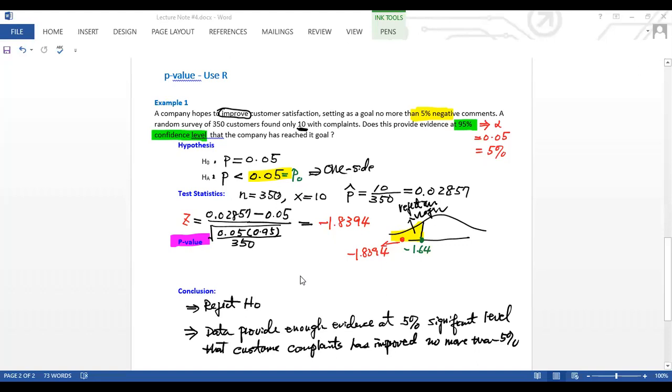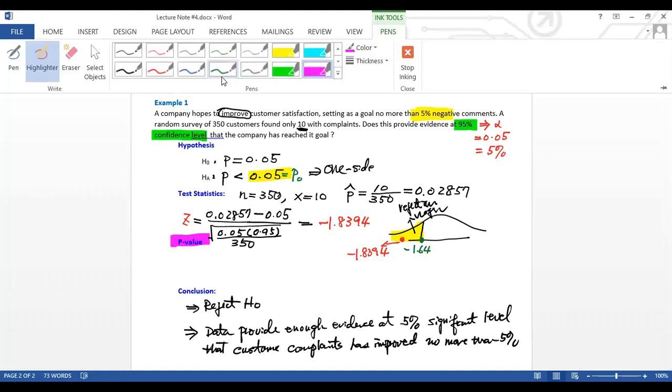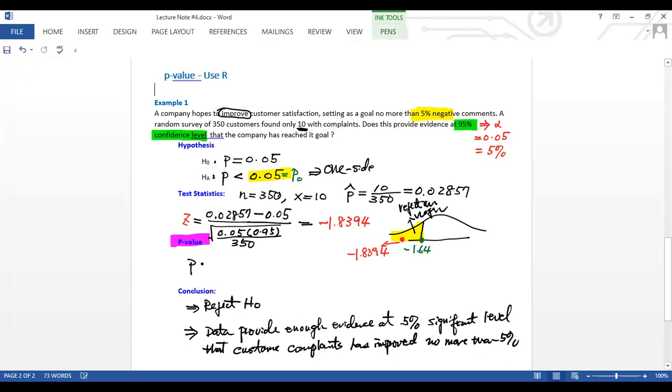So great, based on that we have our p-value. We just get it from this, 0.0329, right? So this p-value is less than my alpha value.